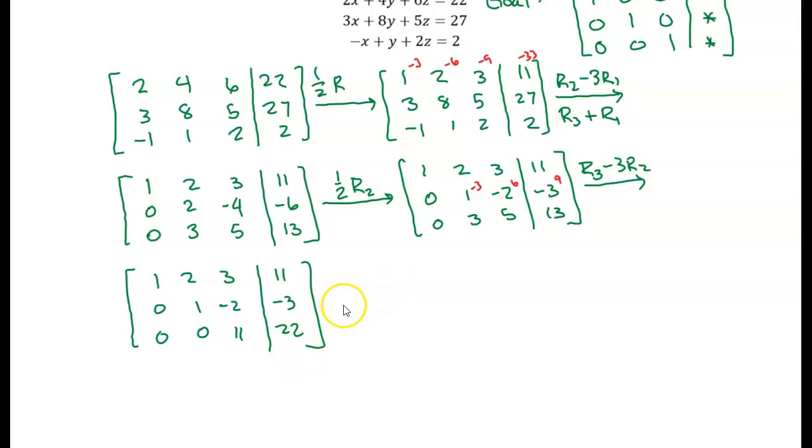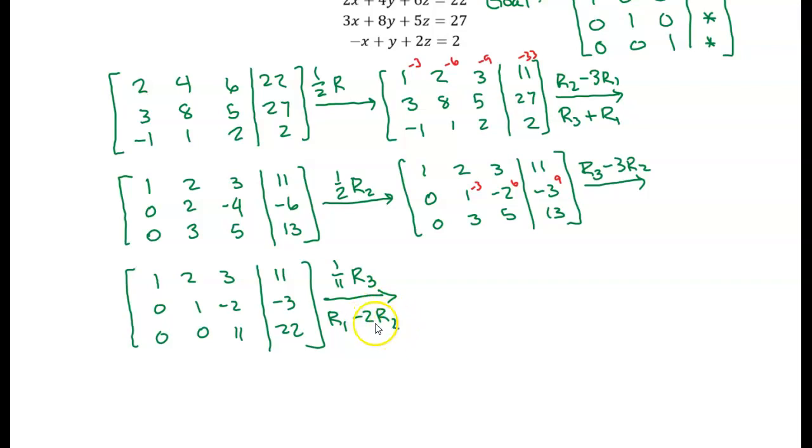Now I need a 0 above as well, and I also see that both of these numbers here are divisible by 11. So I'm going to do a couple of steps in one again. I'm going to take 1/11 of row 3, and I'm going to replace row 1 with row 1 minus 2 row 2.